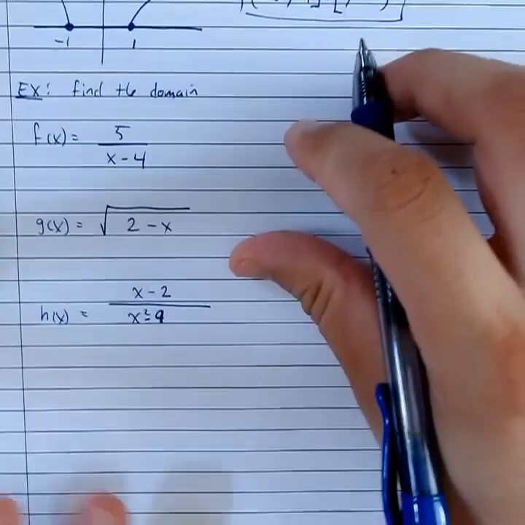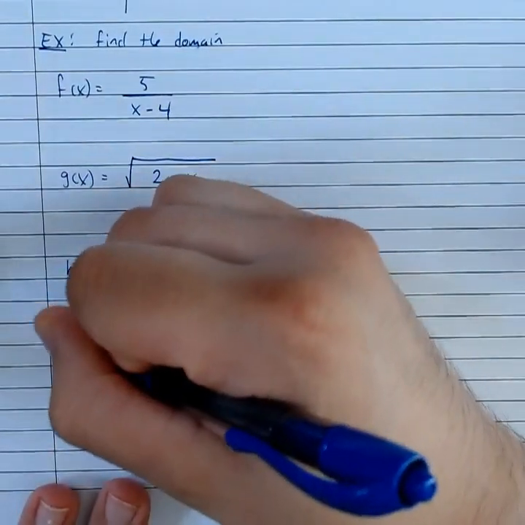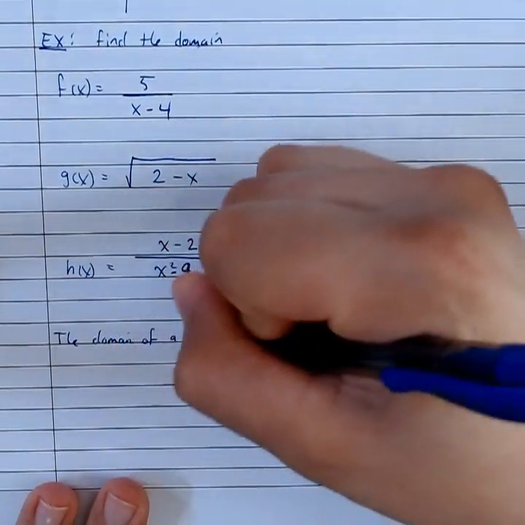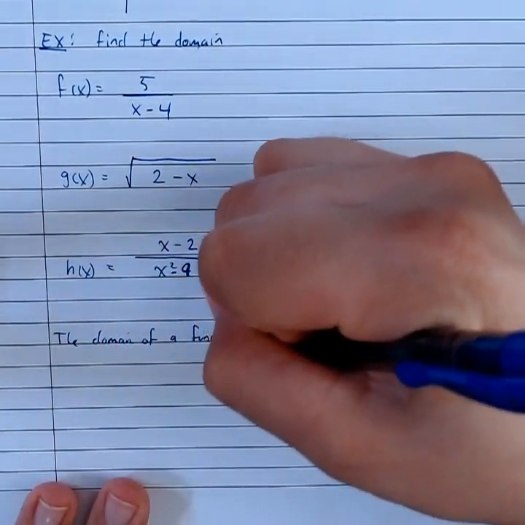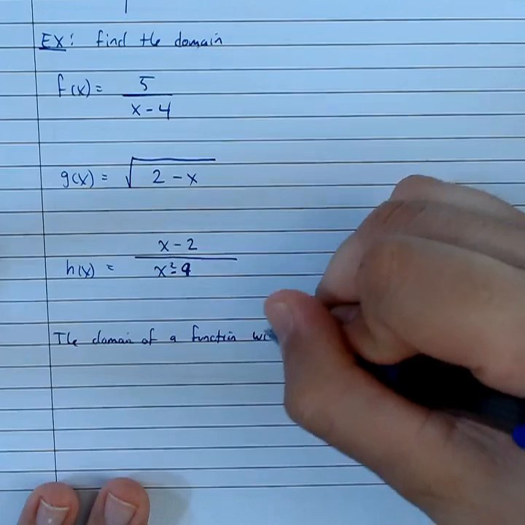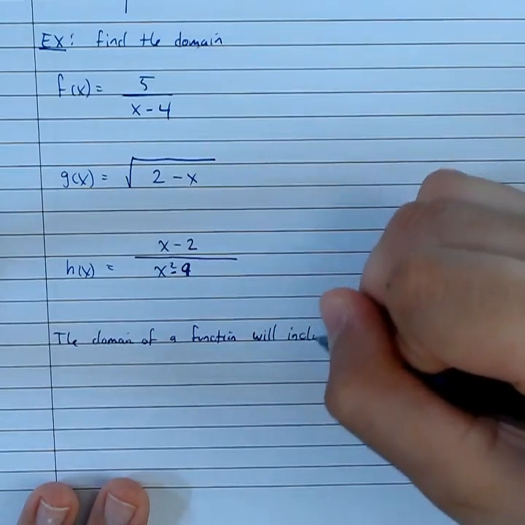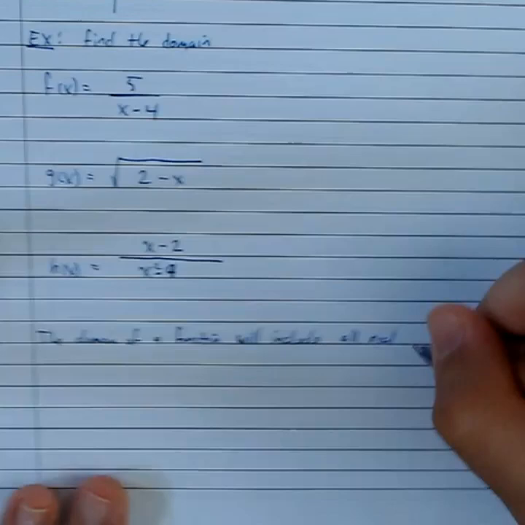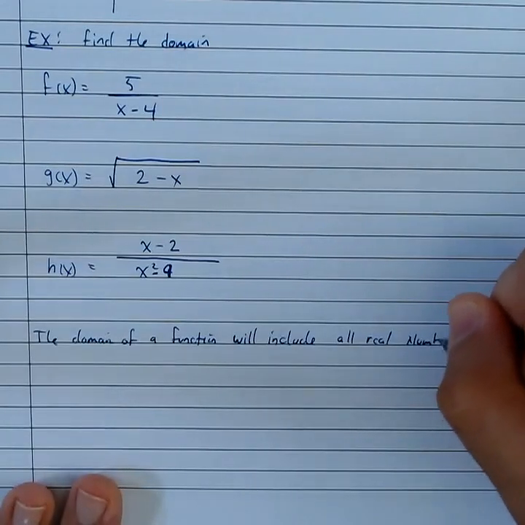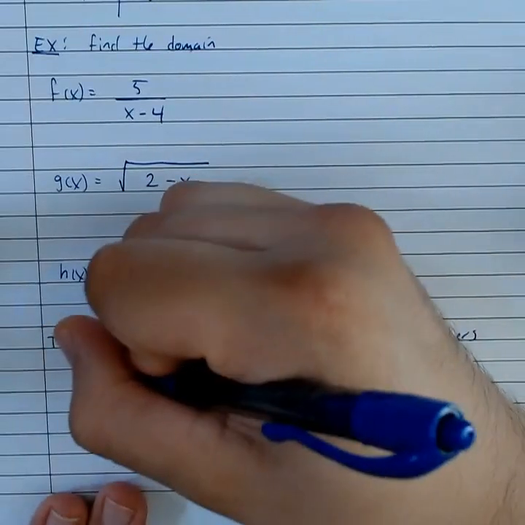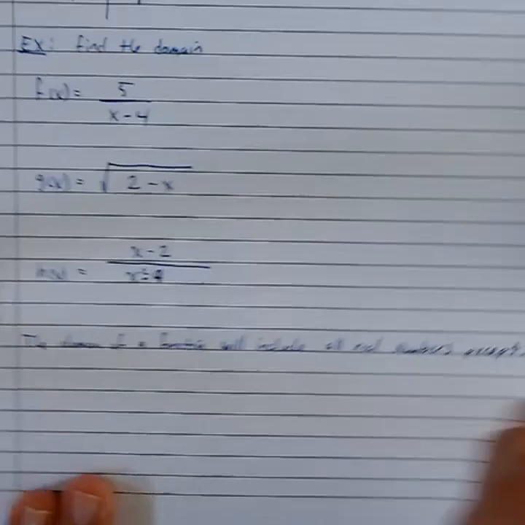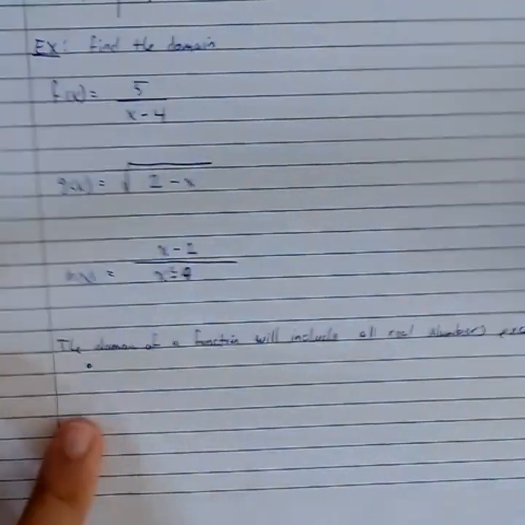Let's put it down here. The domain of a function will include all real numbers except, and we're going to have two exceptions.